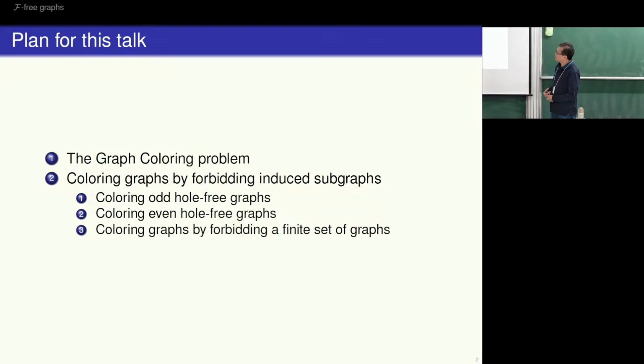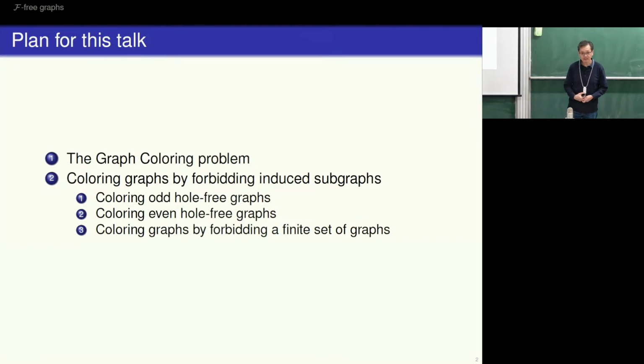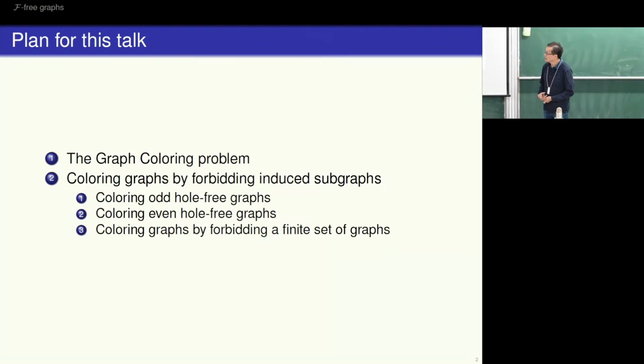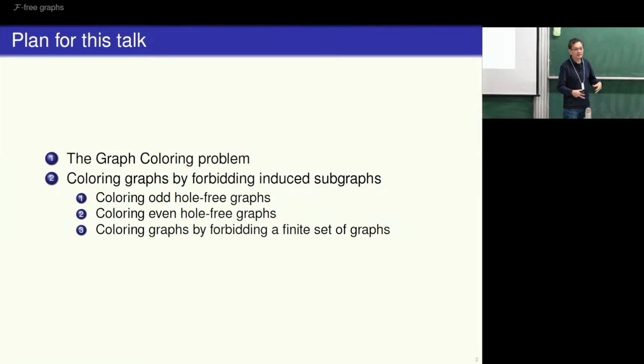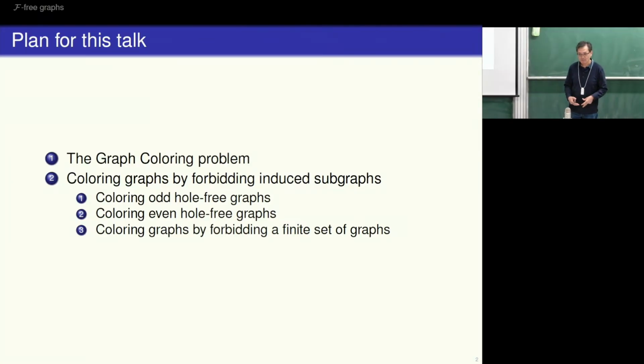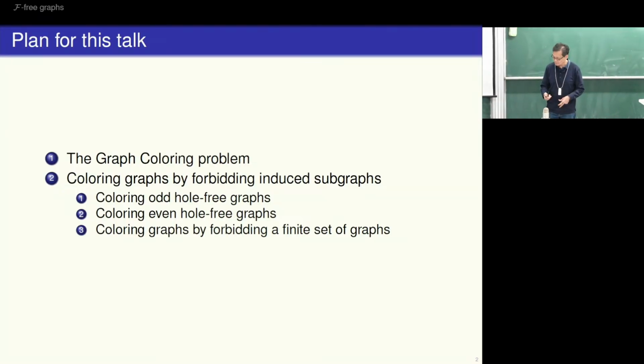What I want to talk about is not that kind of problem, but problems we get by restricting graphs, especially by forbidding induced subgraphs. So I will talk about coloring odd-hole-free graphs, coloring even-hole-free graphs, and coloring graphs by forbidding a finite number of subgraphs as induced subgraphs.